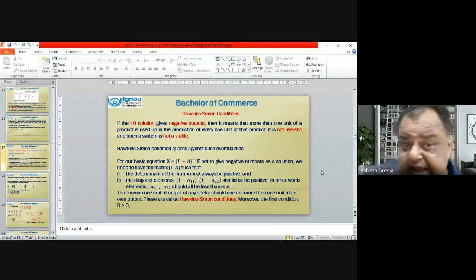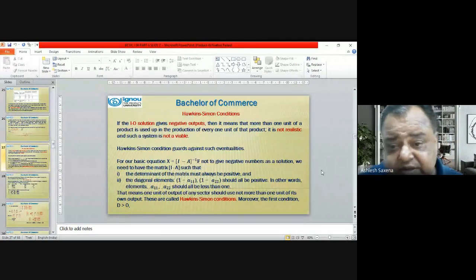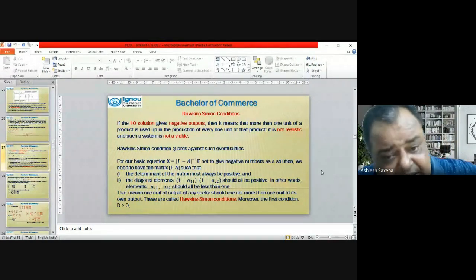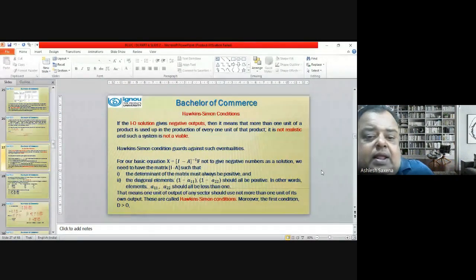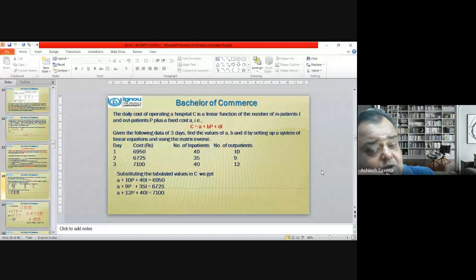That means diagonal elements have to be positive in all conditions. Or in other words, elements a11 and a22 should not be more than 1. That means 1 unit of output of any sector should use not more than 1 unit of its own output. This is known as the Hawkins-Simon condition. Moreover, the first condition, that is D greater than 0, is applicable over here.